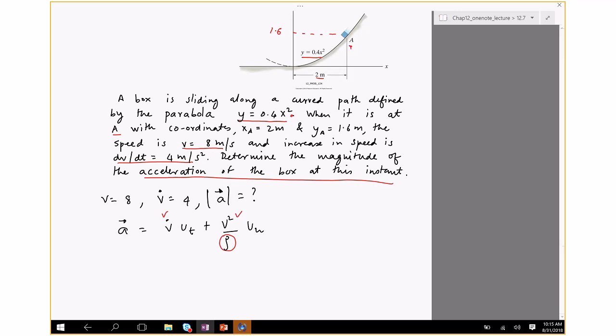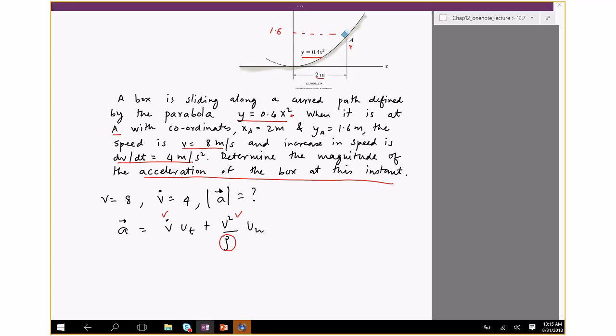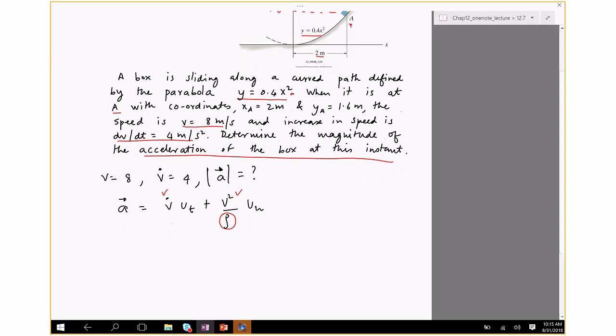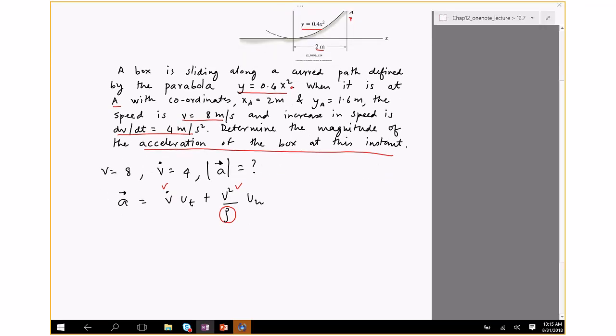In this case it's not given, but we're given the curve. So we'll find rho from the expression I wrote down earlier. So rho is 1 plus dy dx squared, the whole thing raised to 3 by 2, divided by the modulus of d squared y dx squared.